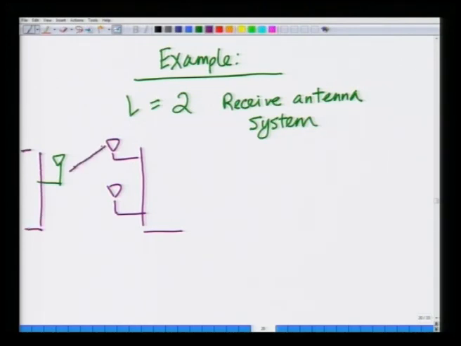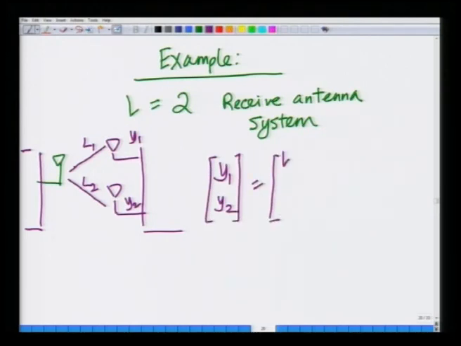There is link 1 between transmit antenna and receive antenna 1, and there is link 2 between transmit antenna and receive antenna 2. So, I am receiving 2 signals y 1, y 2. I can write this as the vector y 1, y 2 equals the vector h 1, h 2 times x plus the vector n 1, n 2.